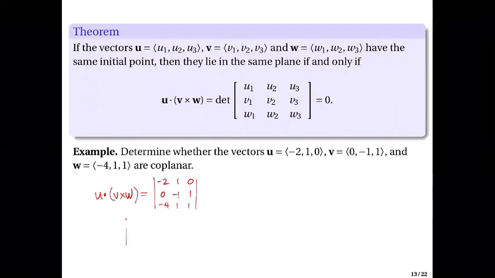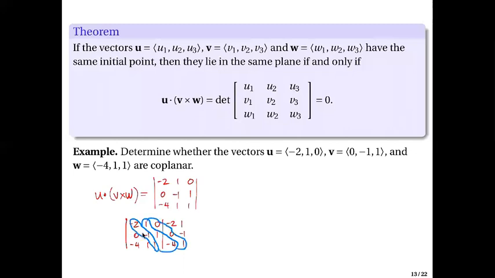Let me rewrite this here: negative 2, 1, 0, 0, negative 1, 1, negative 4, 1, 1, and then we augment the first two columns: negative 2, 0, negative 4, 1, negative 1, 1.